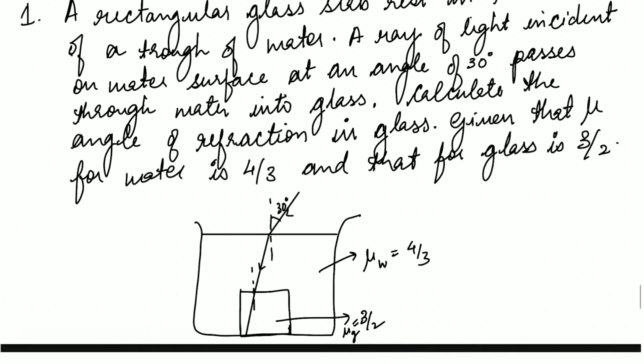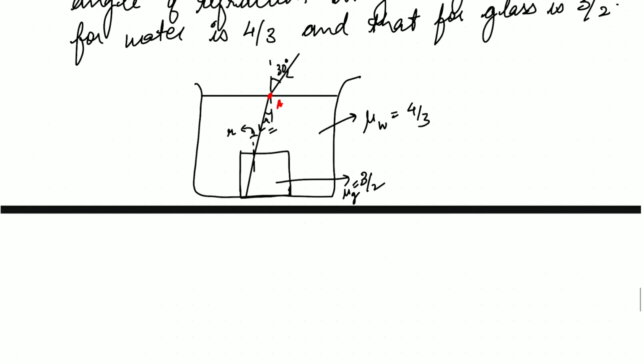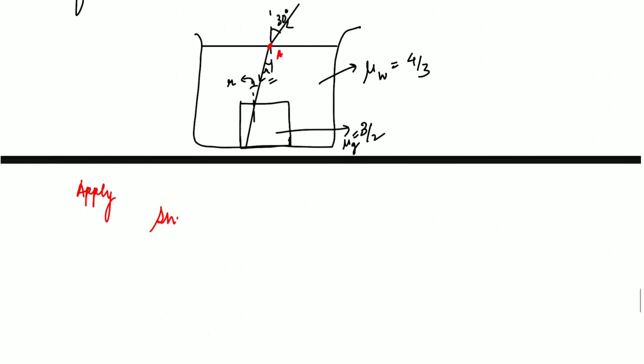All right, okay, great. Now obviously whatever this angle is, this will also be that angle, right? So let's first find out this angle. In order to find that angle, we will apply Snell's law at point A. So here we have air, then we have water, and then here we have glass.